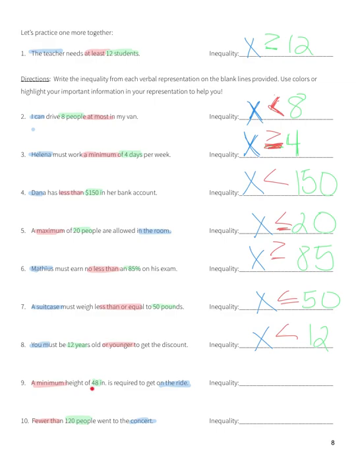A minimum height of 48 inches is required to get on the ride. Okay, again, that's not in the typical order here, but it will help you if you look for those clue things. Okay, this is a number. I know that has to be in my number spot. A minimum, that's a clue word for inequality. I know that that's going to be my inequality spot. And we don't know the height of the person trying to get on the ride.